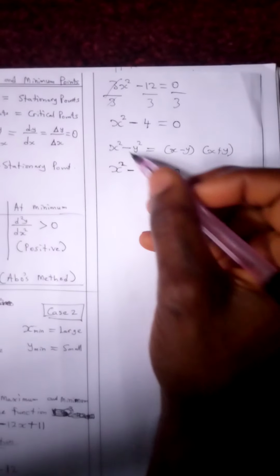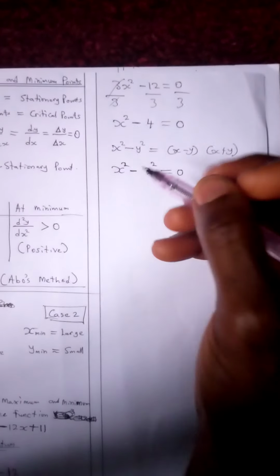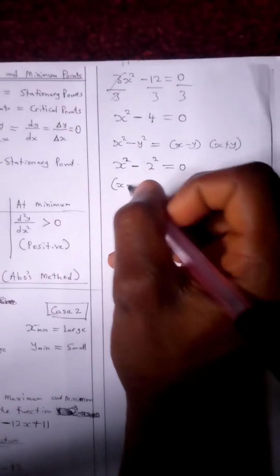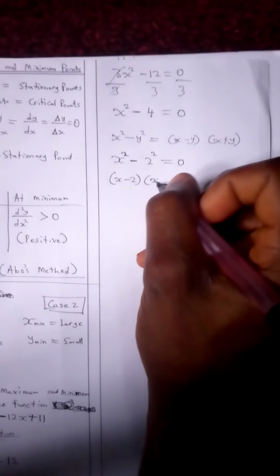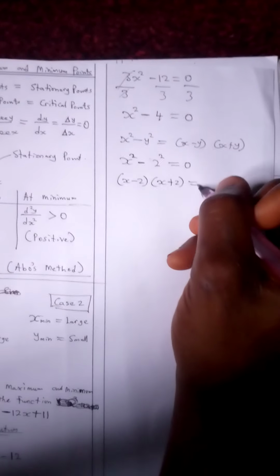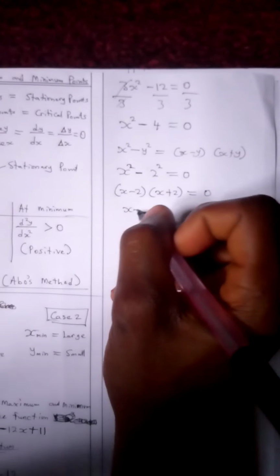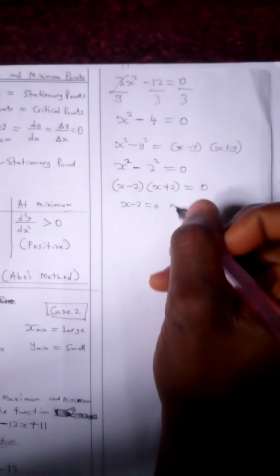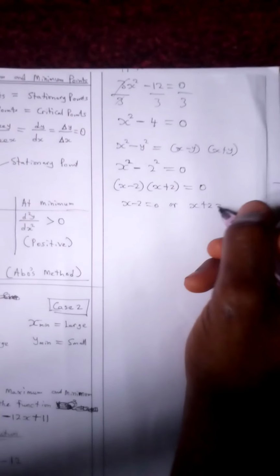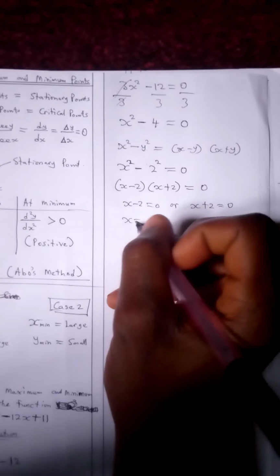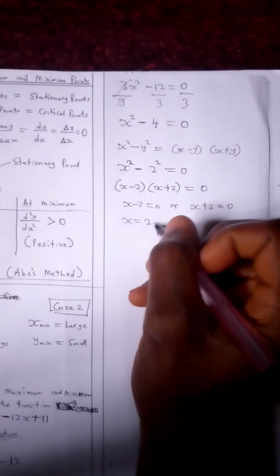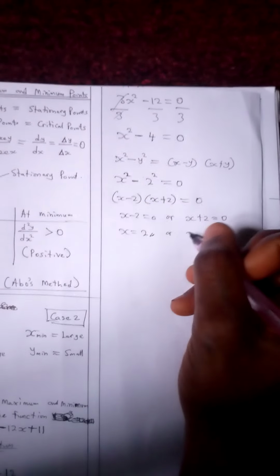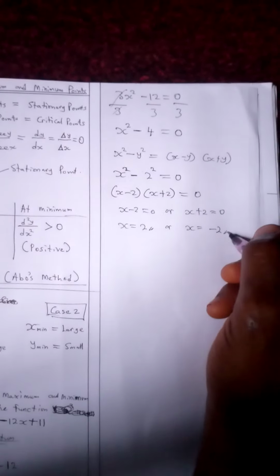That will give us x minus 2 times x plus 2 equal to 0. When we solve this, x minus 2 equal to 0 or x plus 2 equal to 0, so x equal to 2 or x equal to minus 2.